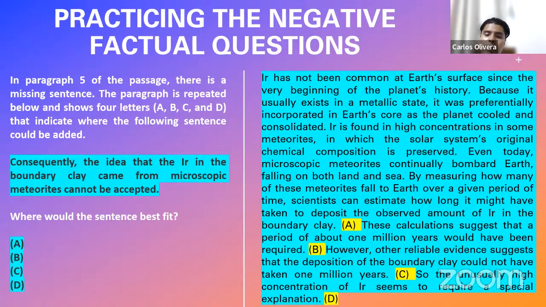Even today, microscopic meteorites continually bombard Earth, falling on both land and sea. By measuring how many of these meteorites fall to Earth over a given period of time, scientists can estimate how long it might have taken to deposit the observed amount of air in the boundary clay. These calculations suggest that a period of about 1 million years would have been required.